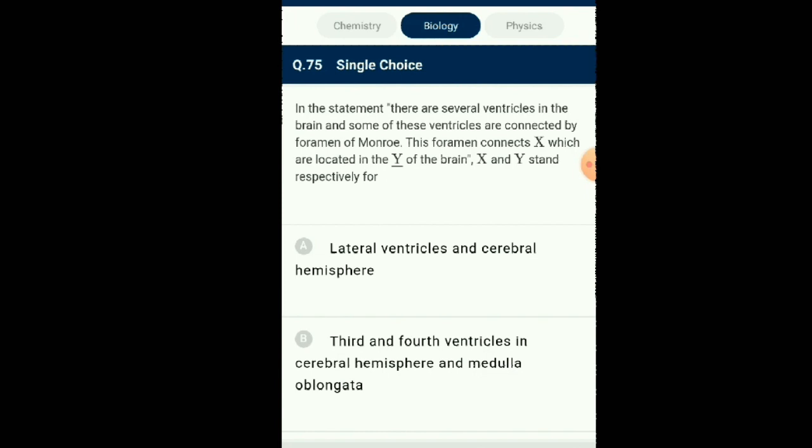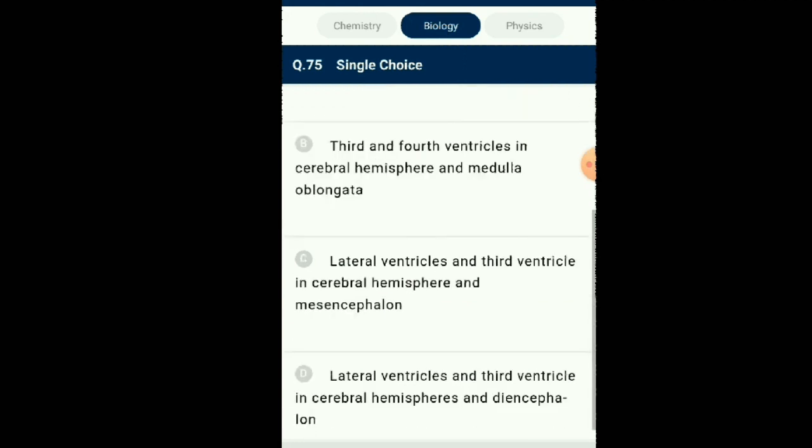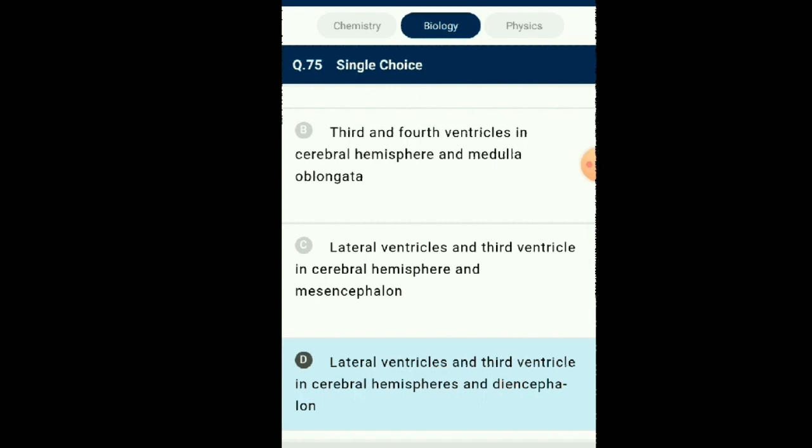The fourth ventricle is present in the pons, the hindbrain region including the medulla oblongata. It is also called metacoel or myelocoel. So the answer for this question is option D: lateral ventricle and third ventricle in cerebral hemispheres and diencephalon.